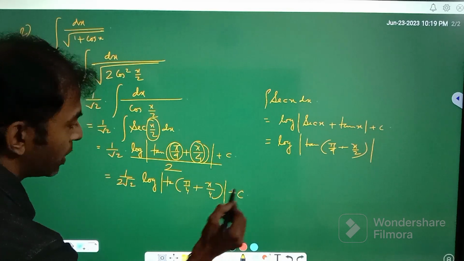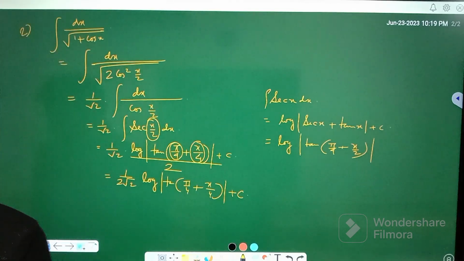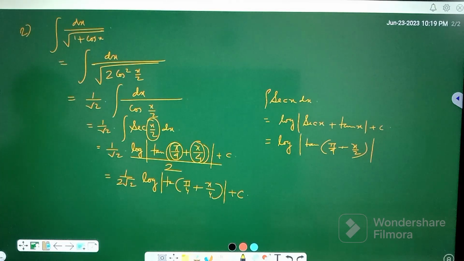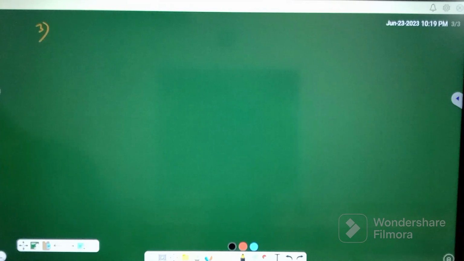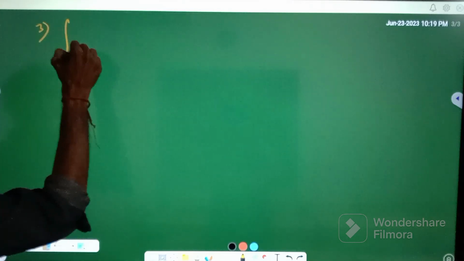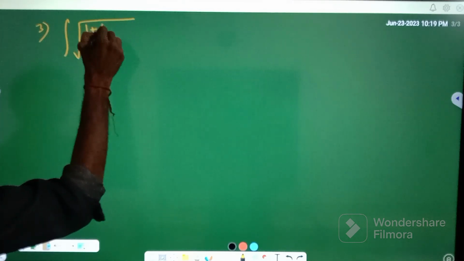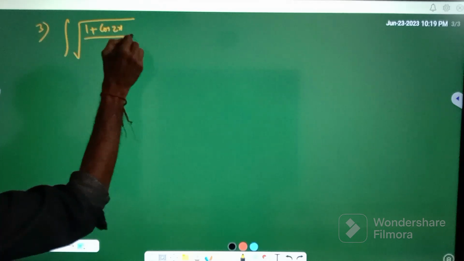That's our second problem. After that, we move on to the third problem. The third problem is something like integration root under 1 plus cos 2x divided by 1 minus cos 2x.